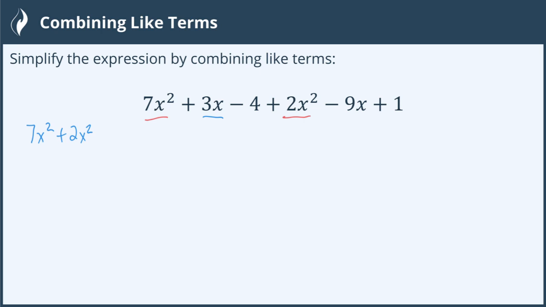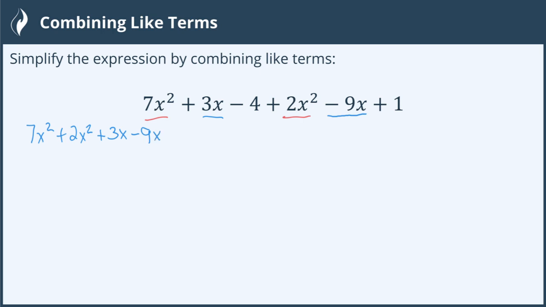So we're going to look for another one of those. We notice we have a -4, but that one's already been used. Here we go, we have a negative. We want to make sure we take the sign with it. And -9x. So I'm going to add that over here: the positive 3x minus 9x.